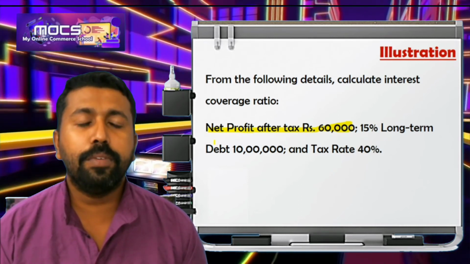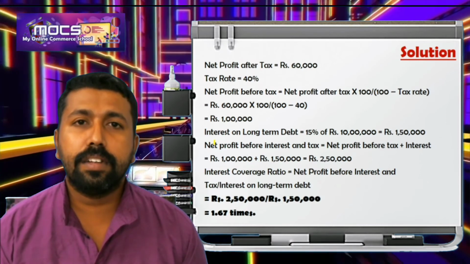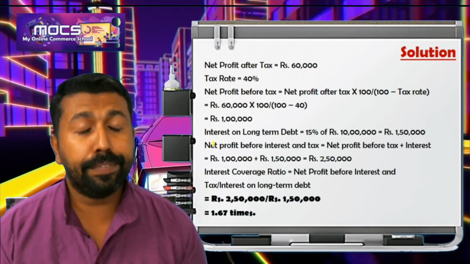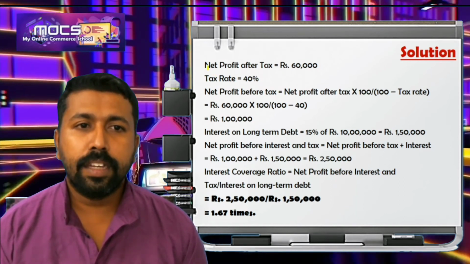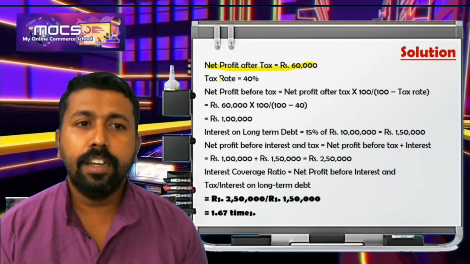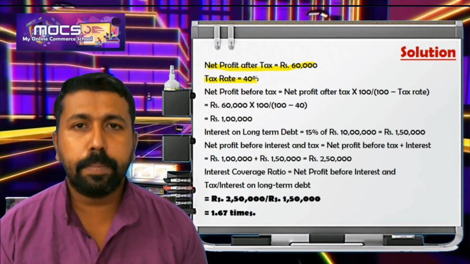We have to find out the value of net profit after tax. We can convert it into net profit before tax. Just look at this. As per the question, net profit after tax is 60,000. What is the rate of tax? It is 40%.